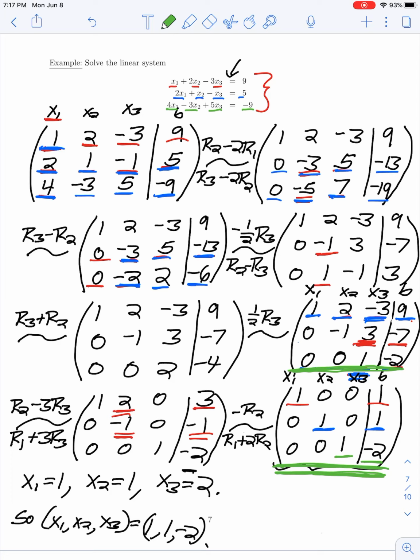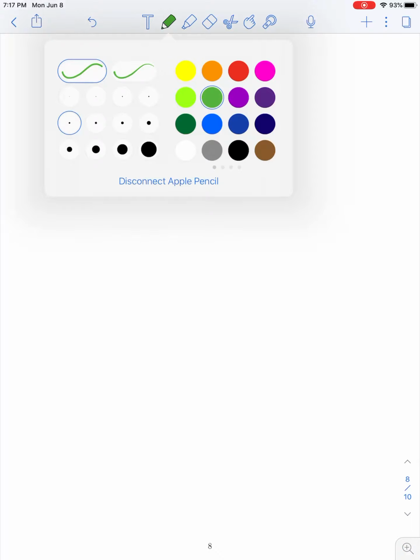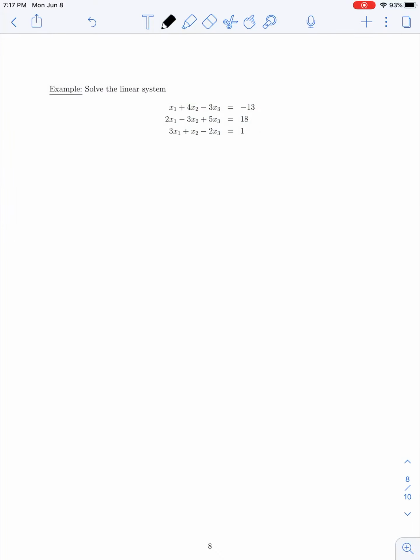So let's look at some other examples here. In our next one, again, we are asked to solve the following linear system. So we have 3 linear equations in terms of 3 variables, x1, x2, and x3. In order to solve this, we're going to perform Gaussian elimination on the rows of the augmented matrix for this system. So let's start by writing that matrix.